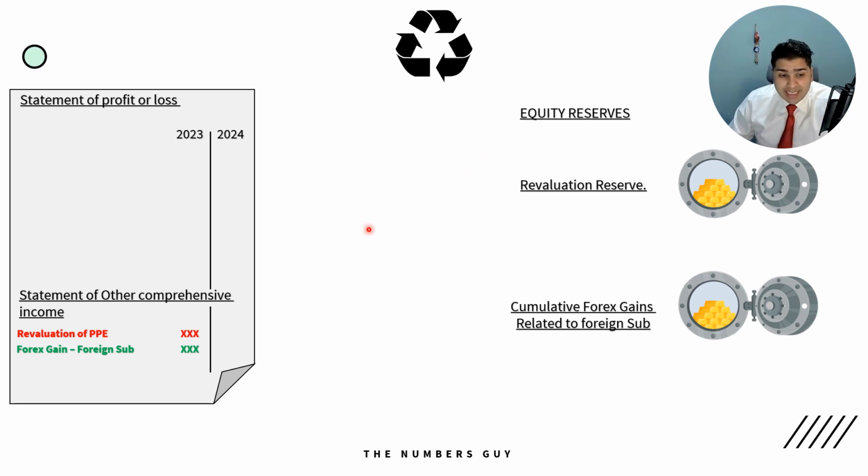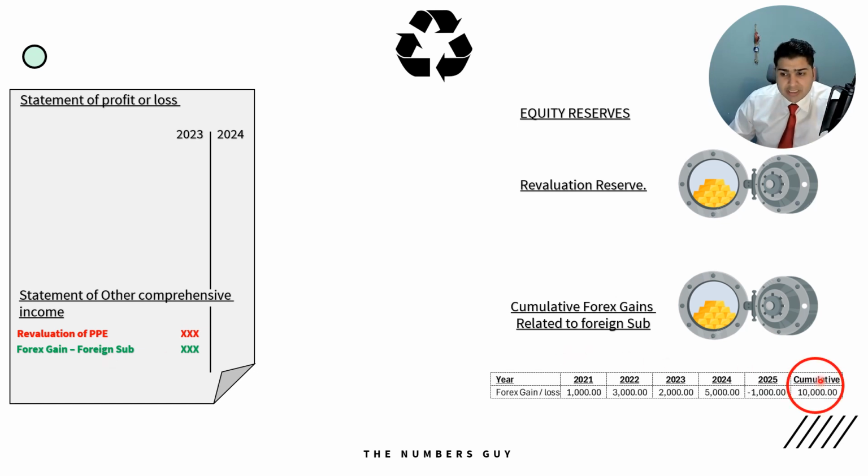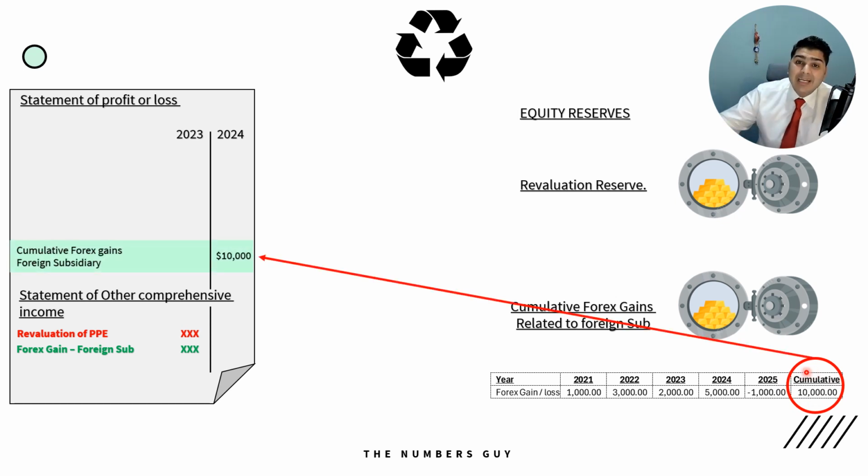Now, to contrast, talking about the cumulative gains or losses that you would have on the retranslation of a foreign subsidiary, once you get rid of the subsidiary, any cumulative amount that you have, the closing balance on this reserve, it can be recycled back, meaning it can be shown back in the statement of profit or loss as a profit or cumulative loss, whatever it might be, in the year that you get rid of the subsidiary.